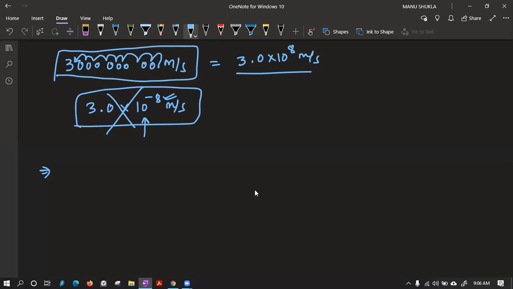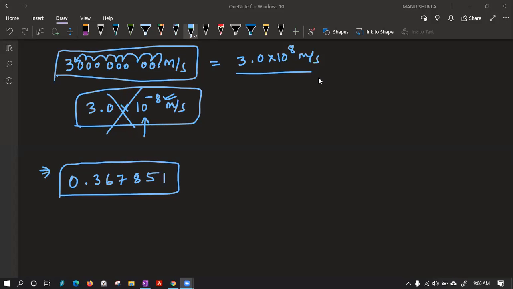Okay, let us see one more case. I told you about nanotechnology. Suppose you have something like 0.367851. So this is a very small number, class. If you observe, this is a very small number, 0.36. If you take the decimal to the standard position, taking it to the right-hand side, it becomes 3.67851.